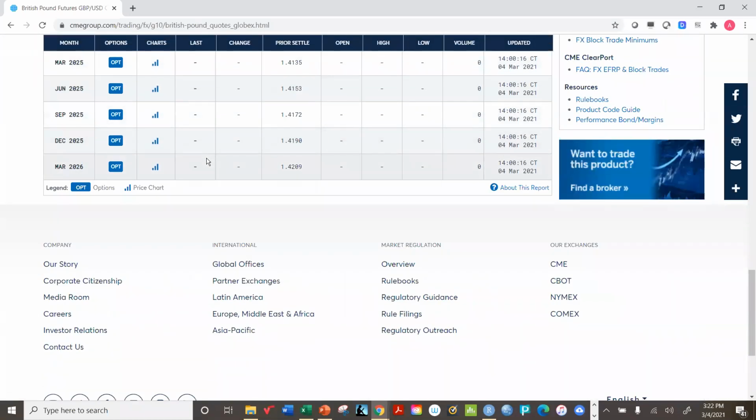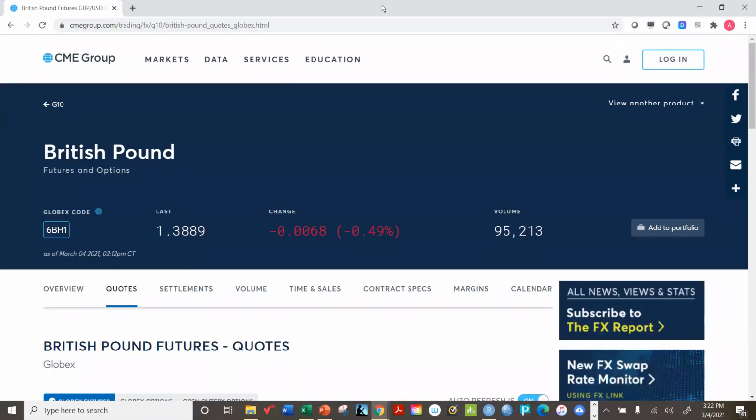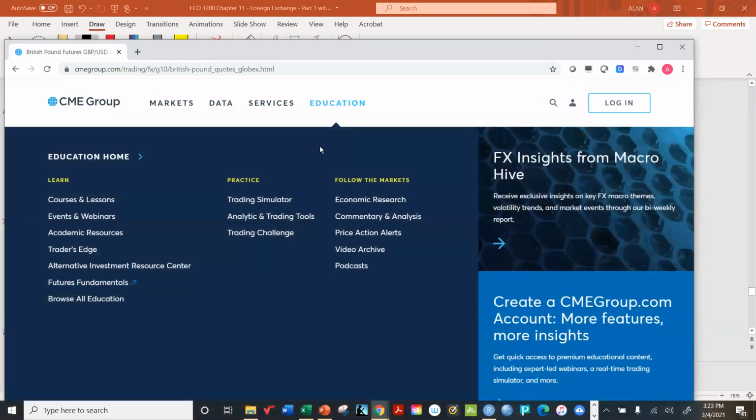Okay. Now, by the way, I want to mention one other important thing here. Because it's an exchange, they make their money from volume. They want people to go crazy buying all these products. So because of that, under the category education, they have all this wonderful information for people who want to learn more about these markets.